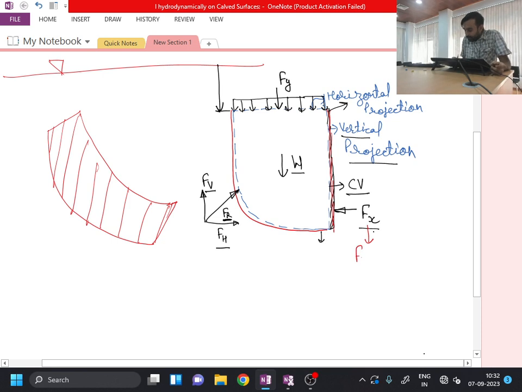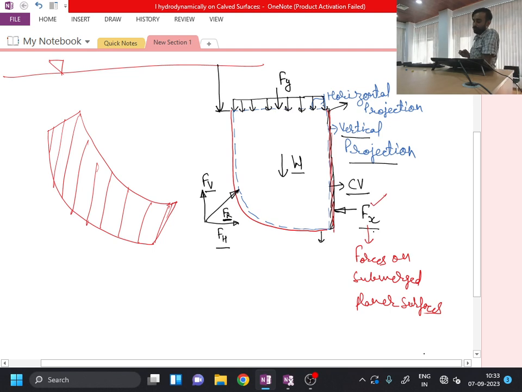That is how to determine forces on submerged planar surfaces. This thing I know from the previous class. Once I know this, then ultimately I can determine Fx.